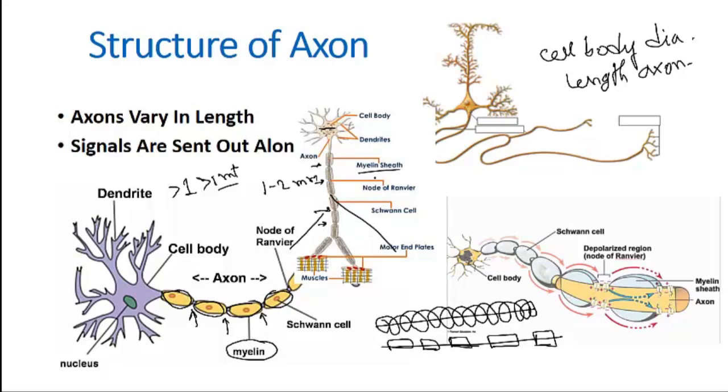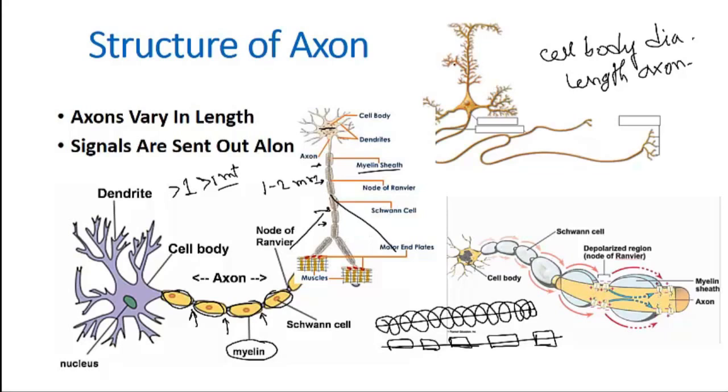We call them myelinated axons or myelinated neurons. In myelinated neurons, this myelin coating helps them transmit the signal faster compared to the naked axon. An axon without a myelin sheath will transmit the signal, but it will take more time. If the axon contains a myelin sheath, it can transmit the signal very, very fast.